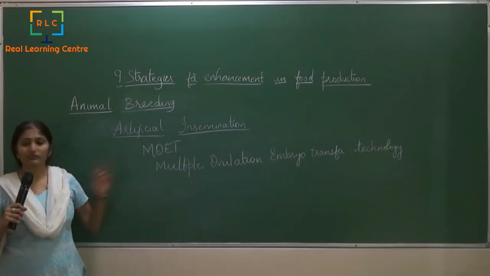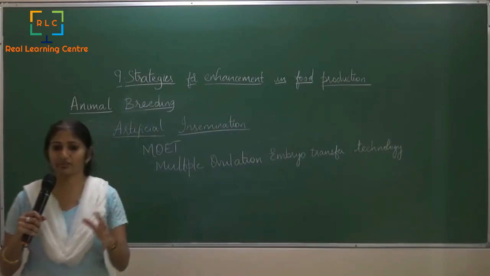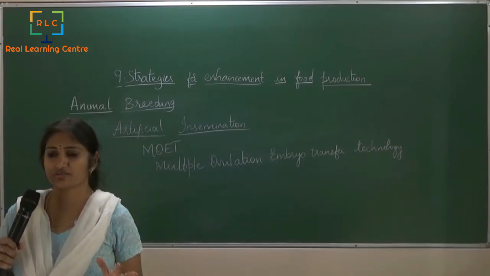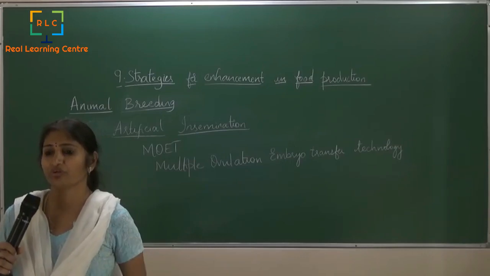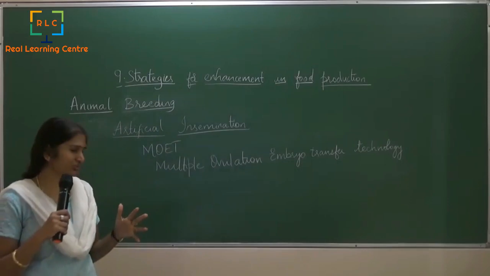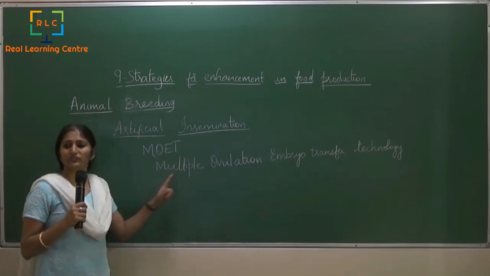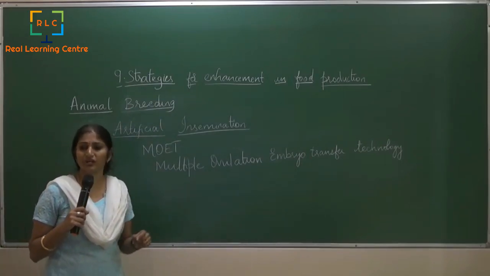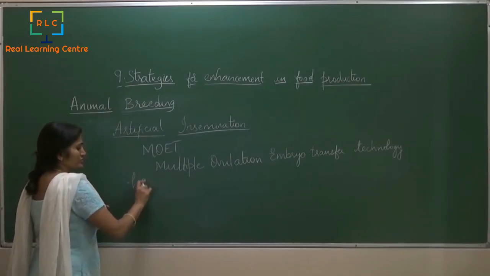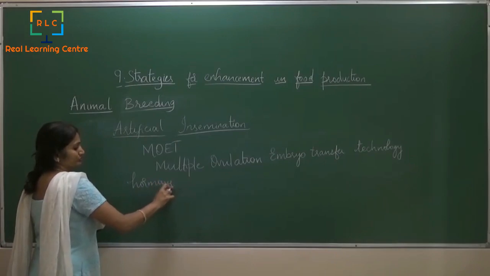Now, what we do here is we take a cow. Generally the cow would be one which is fit to be a mother and has a higher reproductive ability. We select such a superior cow, and then to this cow we are going to induce hormones.